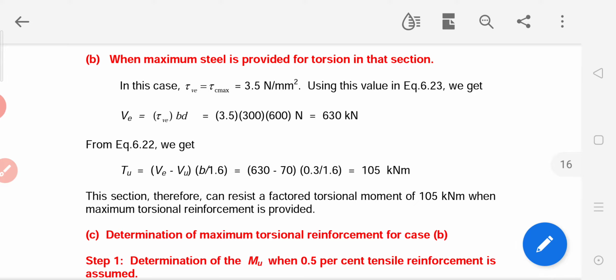So we get Tu equal to 105 kilonewton meter. This section therefore can resist a factored torsional moment of 105 kilonewton meter when maximum torsional reinforcement is provided.